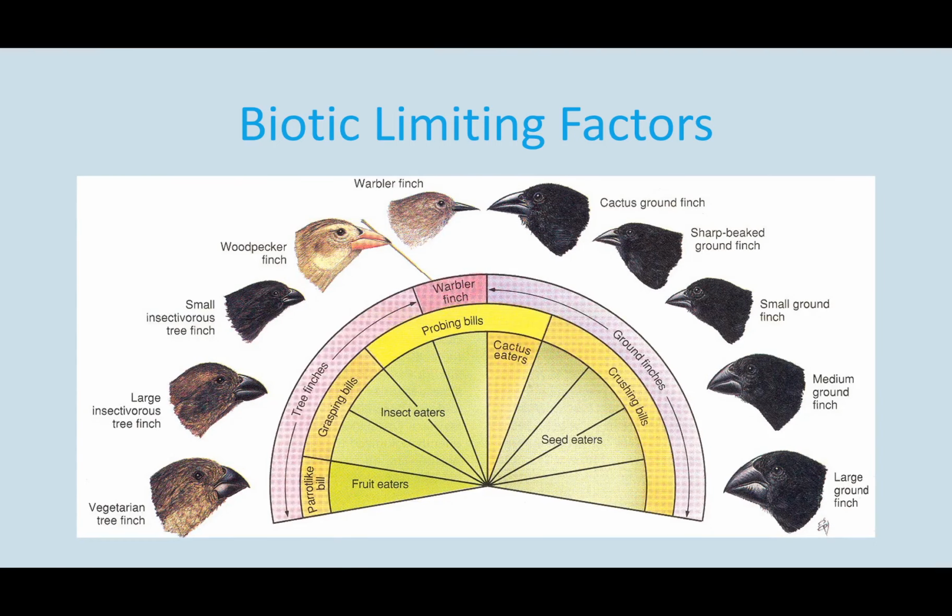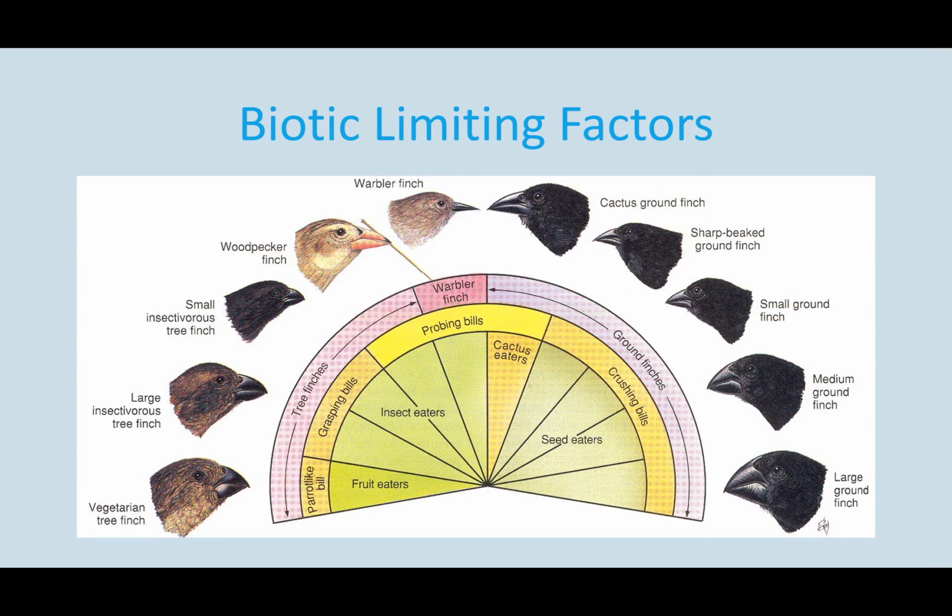So here is an example of competition. So these are Darwin finches, basically on an island in the Galapagos. All these finches exist, and the idea is that they all kind of came or evolved or adapted from one family or one type of finch. But because they're on an island, the amount of resources are limited, so the ones that could adapt to eating different food would survive.